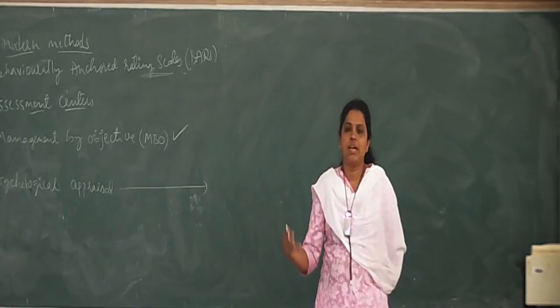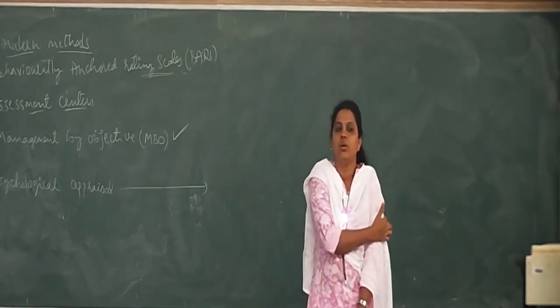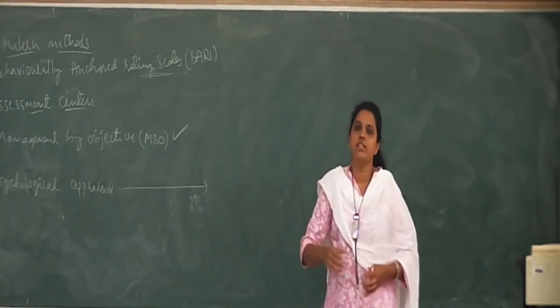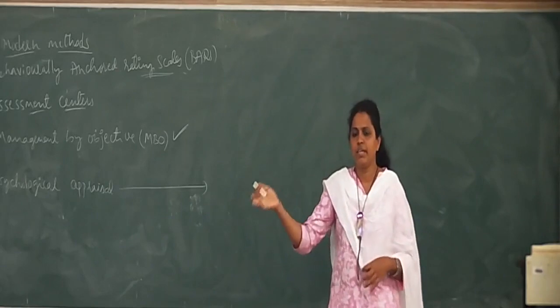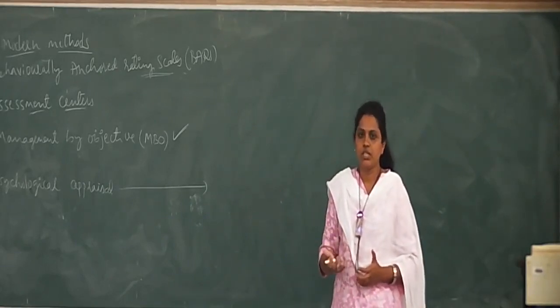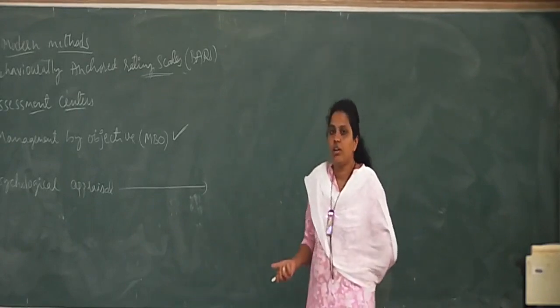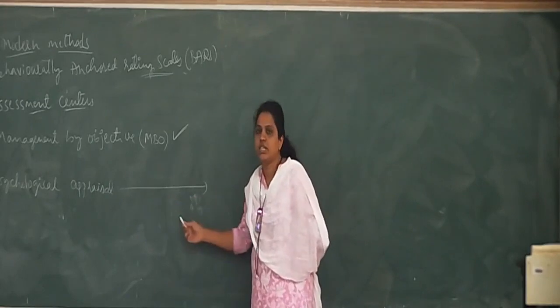What are his plans? How much potential does he have to cope up with the changes that are happening in the organization? There are so many things that are happening year by year, right? There will be many changes. So to find out the true potential or future performance of the employees, they use something called psychological appraisal.